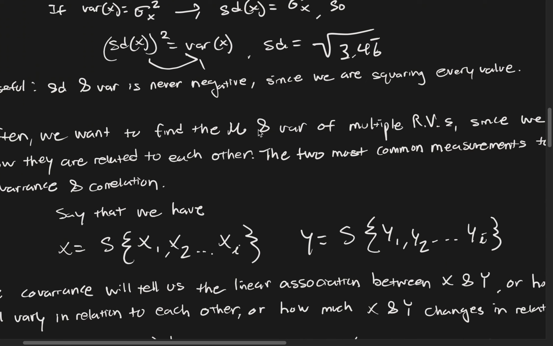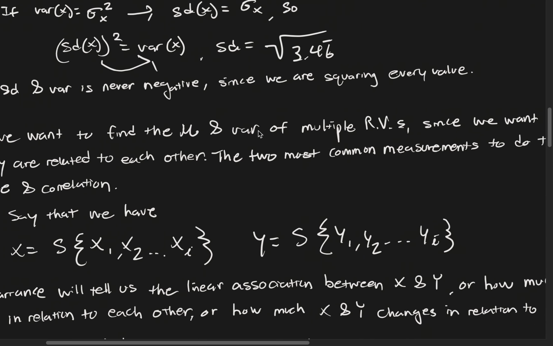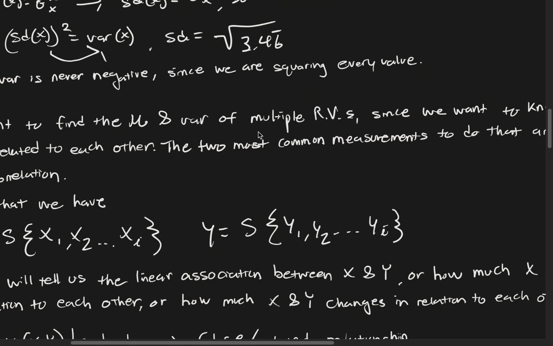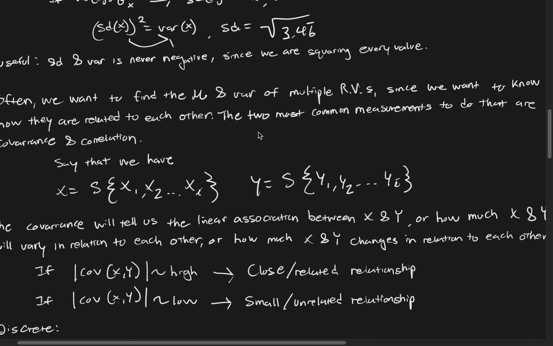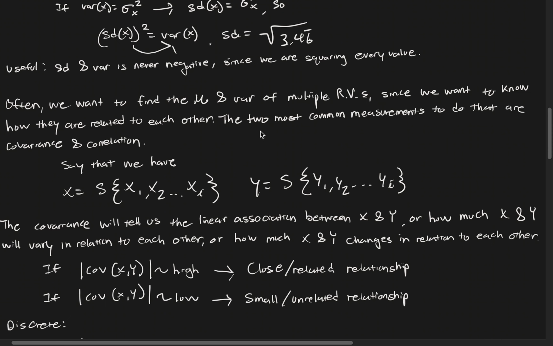All right, moving on. So oftentimes we want to find the mean and variance of more than one random variable, since when we're analyzing data sets, we want to find how the random variables or the values within the data set are related.